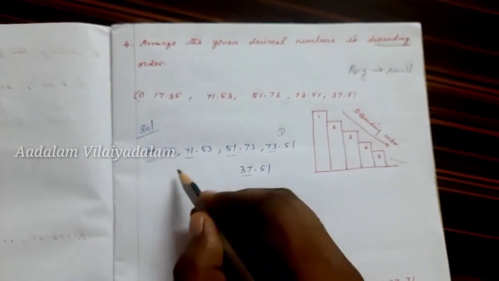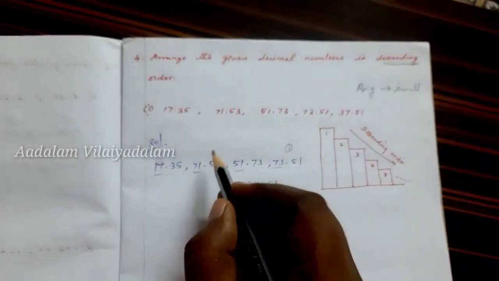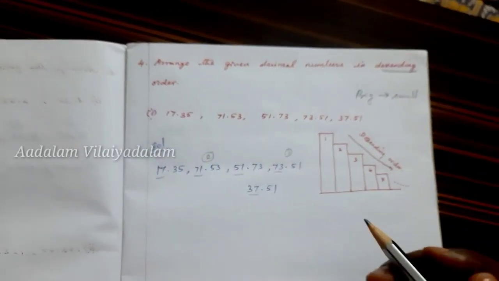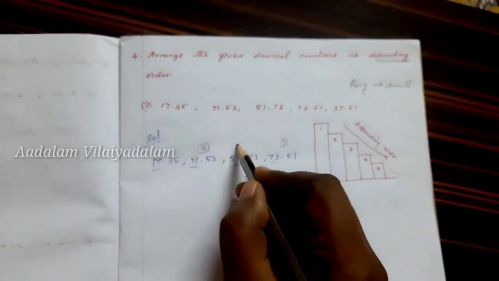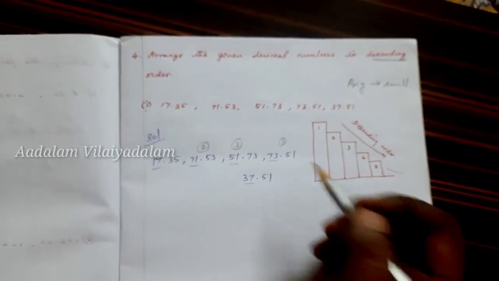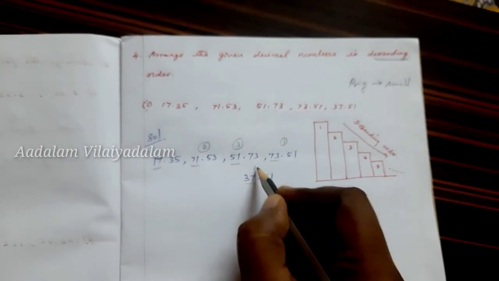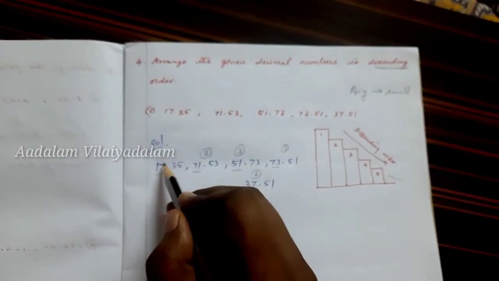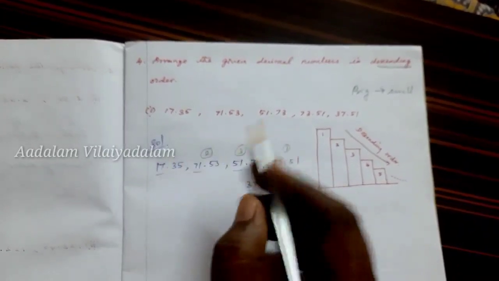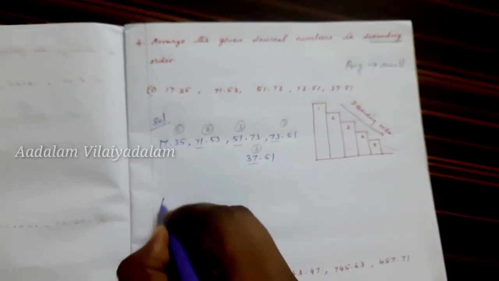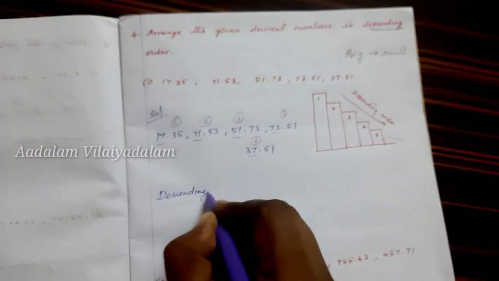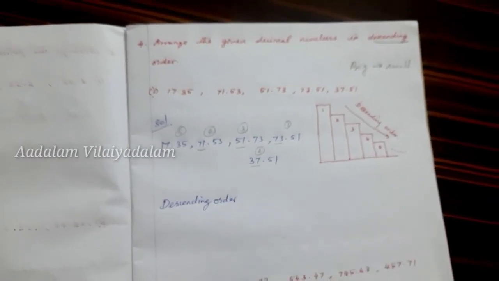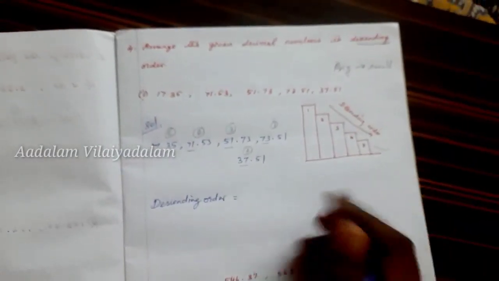So what will be the next one? 71. So this will be the second one. Next, 51 will be treated as the third one. Then 37 is the fourth number. Then 17.35 is the fifth number. So now let us write it in descending order.